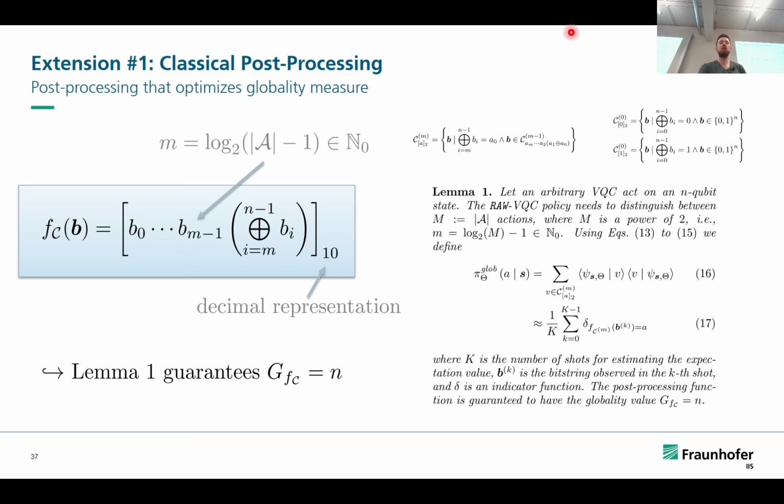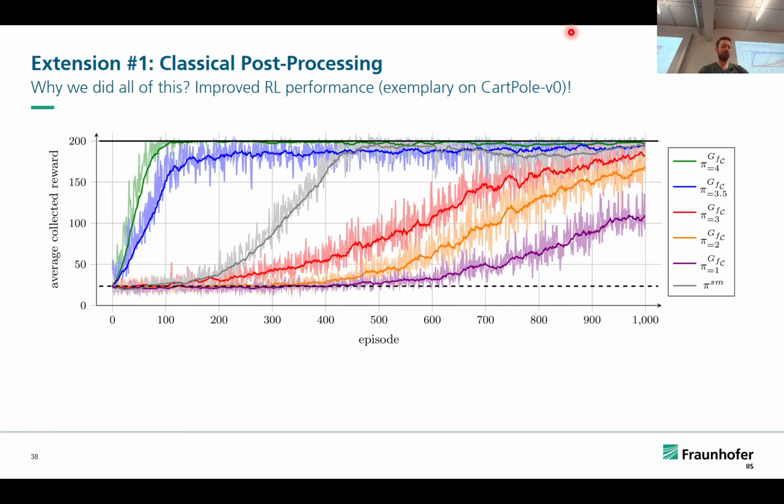So you always guarantee the maximum globality, which means you use the maximum information available in our system. To our intuition, that makes sense, since we want to use as much information about our quantum state as possible. And in fact, if we run some experiments, it turns out that this seems to be true.